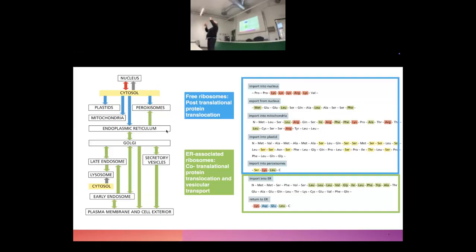And that means it will be recognized by a signal recognition particle, SRP, and SRP is a ribonucleic particle, meaning it contains proteins and RNA. You remember the 7S RNA I added on the slide and told you to keep that in mind.